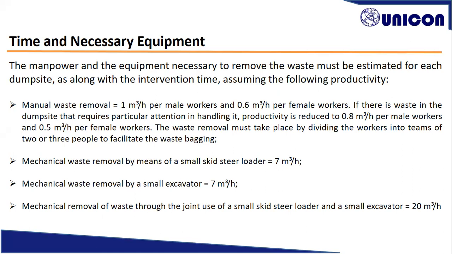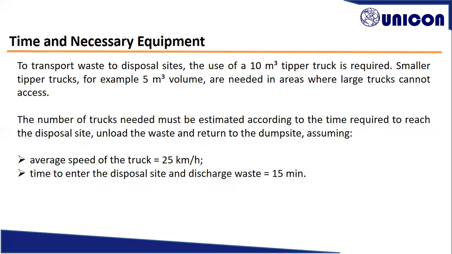If a higher waste removal rate is needed, for example, because the dump site is very big, the joint use of a small skid steer loader and a small excavator can be conceived. In this case, a removal rate of 20 cubic meter per hour can be assumed.